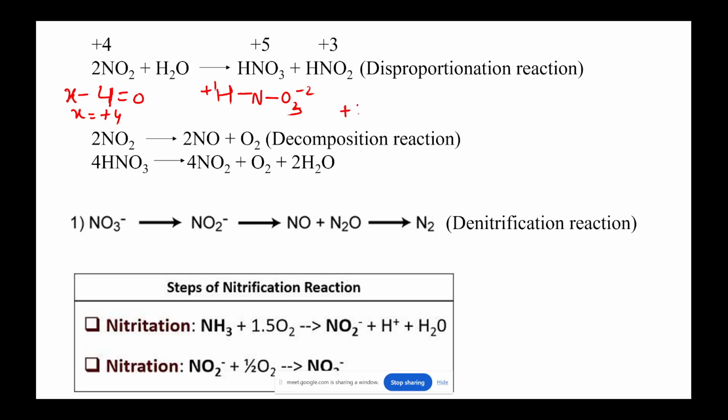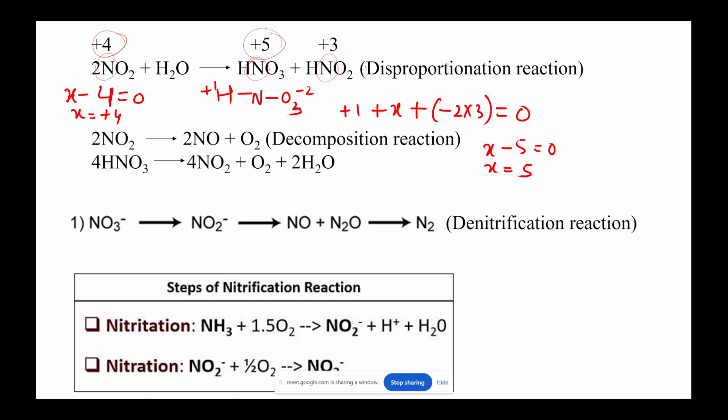So it will be +1 plus X plus -2 into 3, because 3 oxygens are there and each has a -2 oxidation state, and this will be equal to 0. So this will be -6 plus 1, which is -5. So X - 5 is equal to 0. So X is equal to +5. That is how the nitrogen in nitric acid has a +5 oxidation state, but the nitrogen in nitrogen dioxide has a +4 oxidation state.